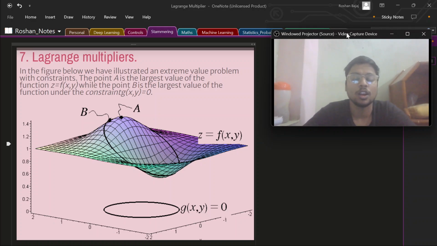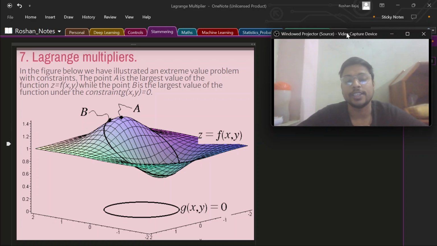Today's topic is Lagrange multipliers. Why did I choose this topic? Because it is a constraint optimization algorithm.